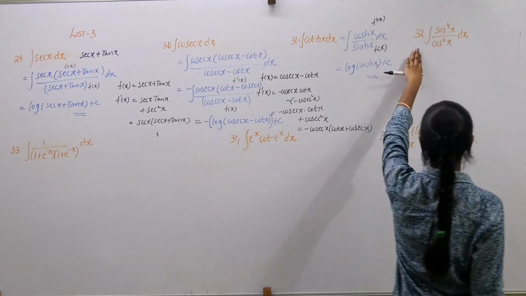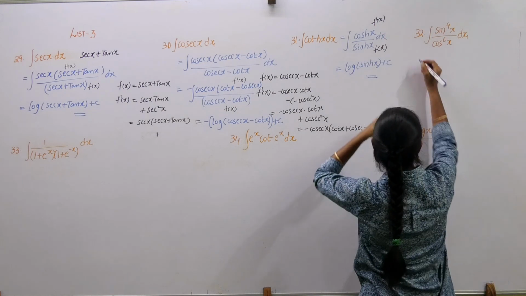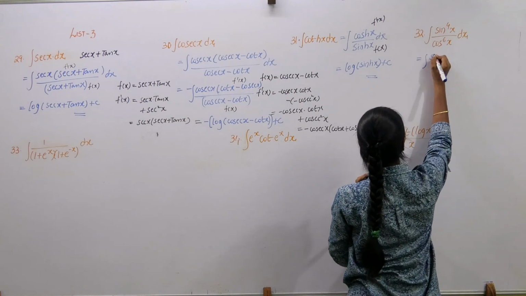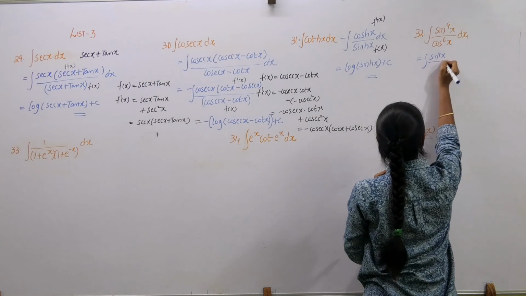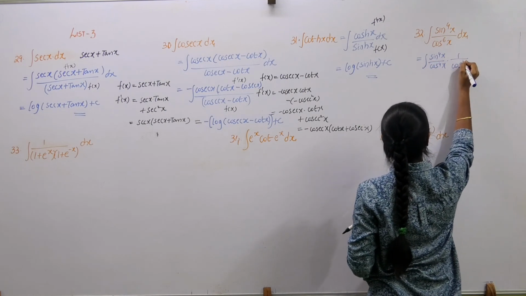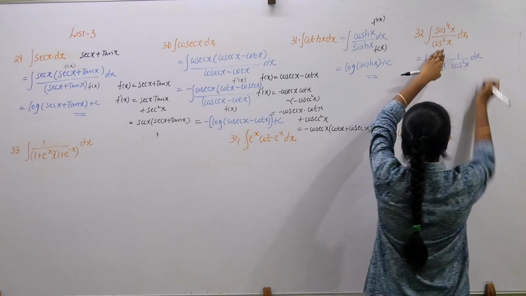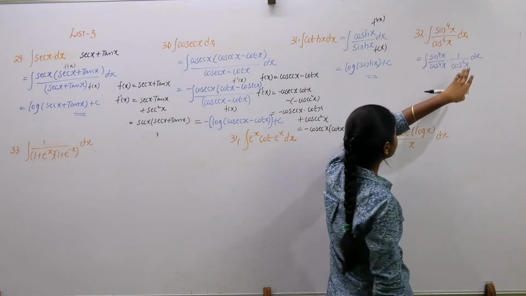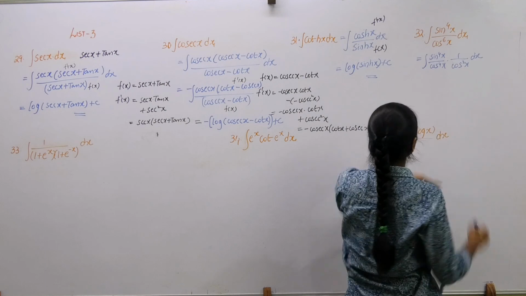Now, 32nd one. Here we can write integral sin power 4x by cos power 6x, which is sin power 4x by cos power 4x into 1 by cos square x. I have written cos power 6x as cos power 4x into cos square x.